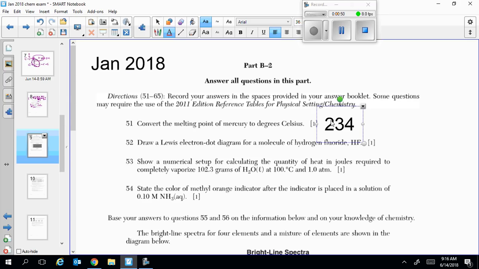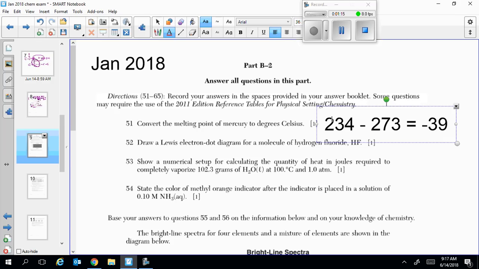So on the reference tables, it tells me K is equal to Celsius plus 273. So that means I need to go minus 273. I'm punching it in, 273 minus 234. I get negative 39 degrees Celsius.